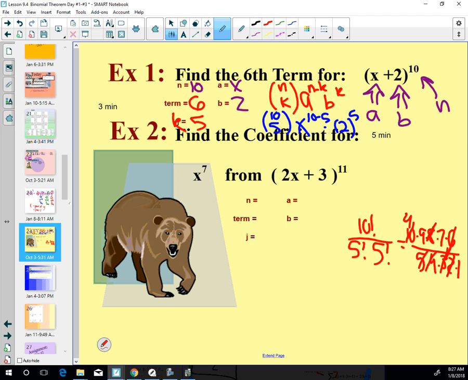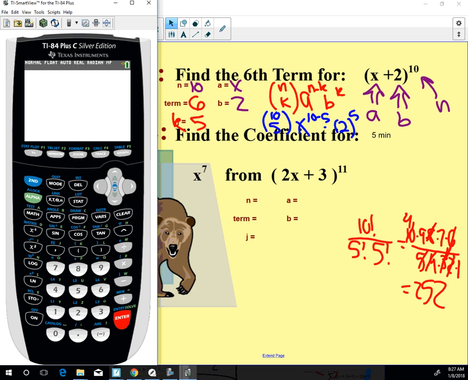So 63 times 2 is 126, 252, I think it's going to be. Let's see what it is on the calculator. Yep, it works out. So you can use your calculator to do that.